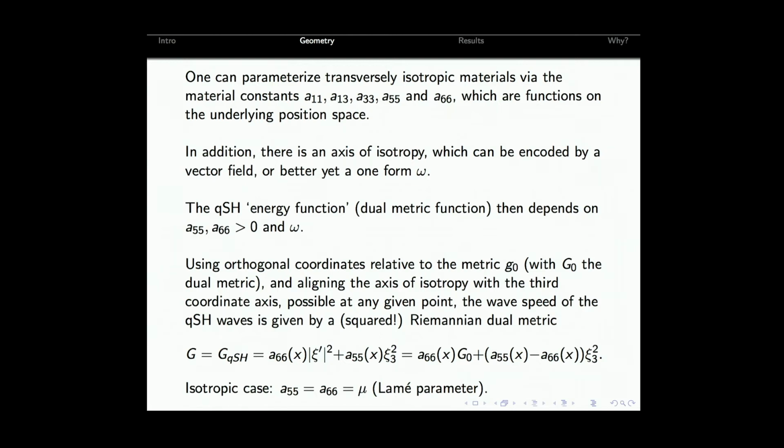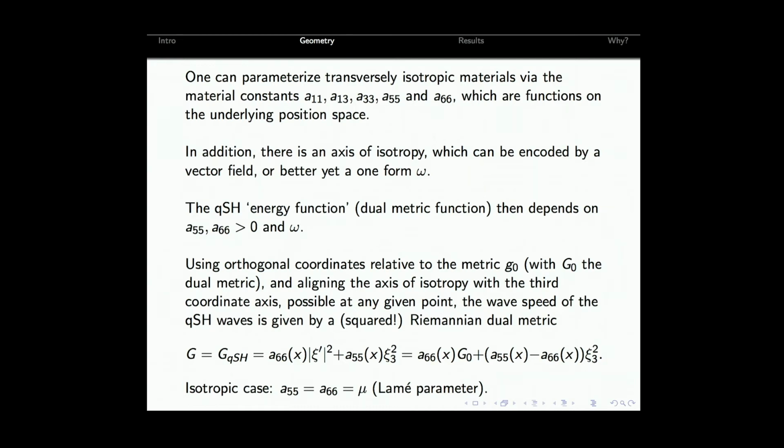And so in this case, the energy function, the Hamiltonian, right? This is classical mechanics, everything comes from Hamiltonians. So the energy function, that's like the metric function, the squared length of a vector, only depends on certain of these material parameters, namely A55, A66, and the direction of the axis, which I'm encoding in omega.